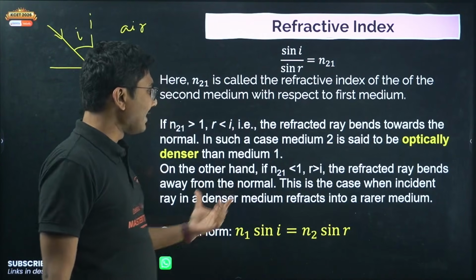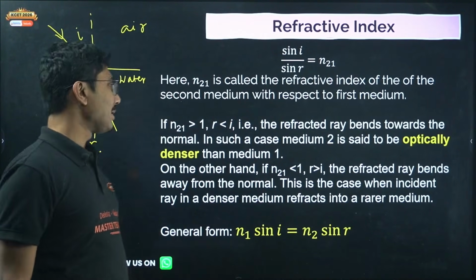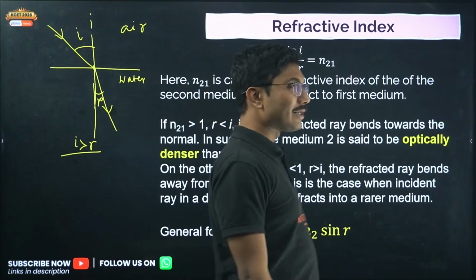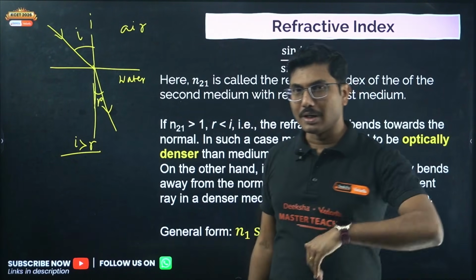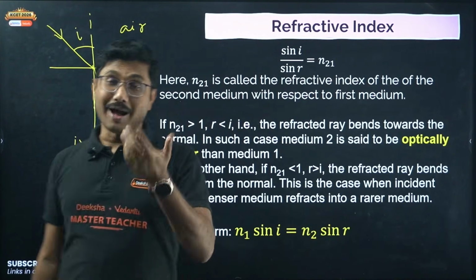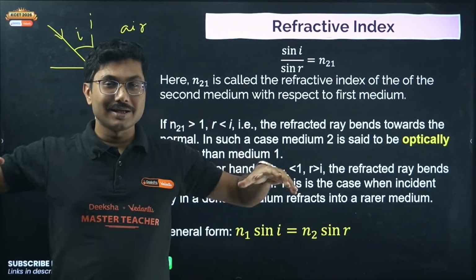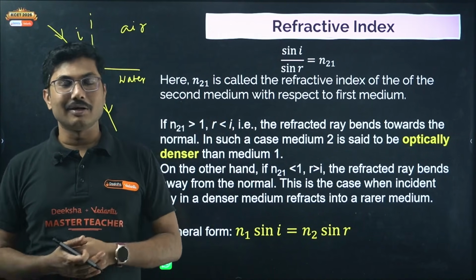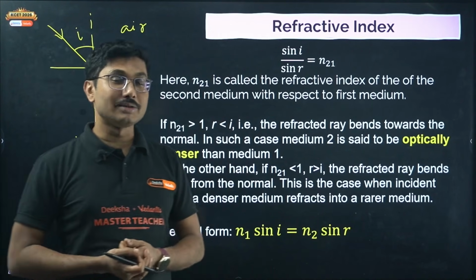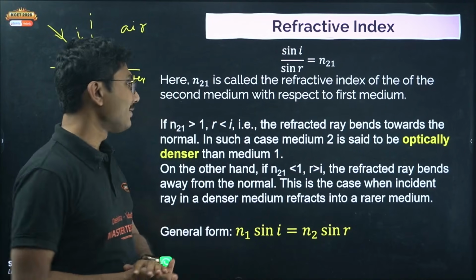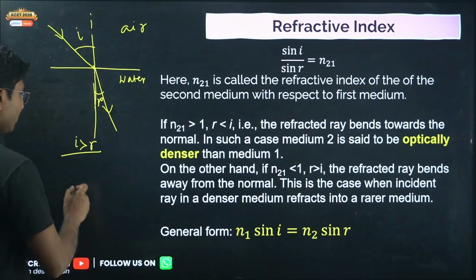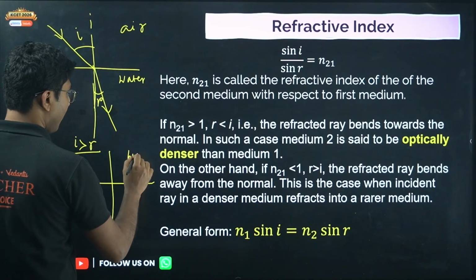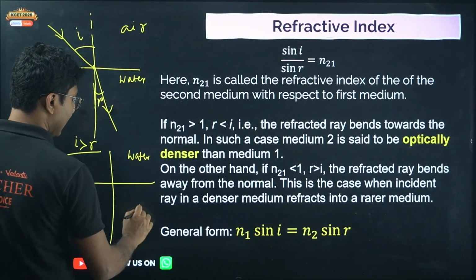On the other hand, if n21 is less than 1, for example, light is traveling from water to air, or for example from glass to water. Suppose we have a glass kept on top of water. In that case the density of glass is more than that of water, so the light ray will bend away from the normal. So suppose this is water, this is air.